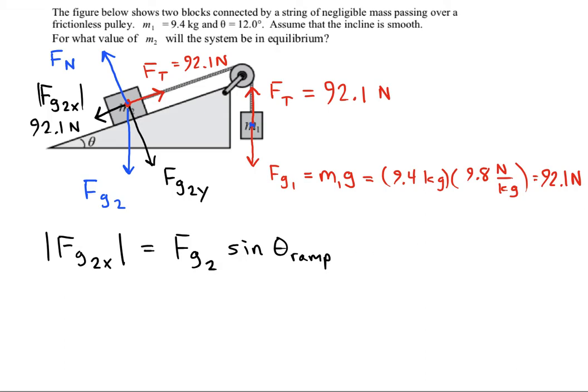That's a formula we had used in the past, but this time we'll use it to solve for Fg2. So plug in 92.1 newtons, leave Fg2 as an unknown, and the ramp angle is 12 degrees. Now by dividing, we get 443 newtons.